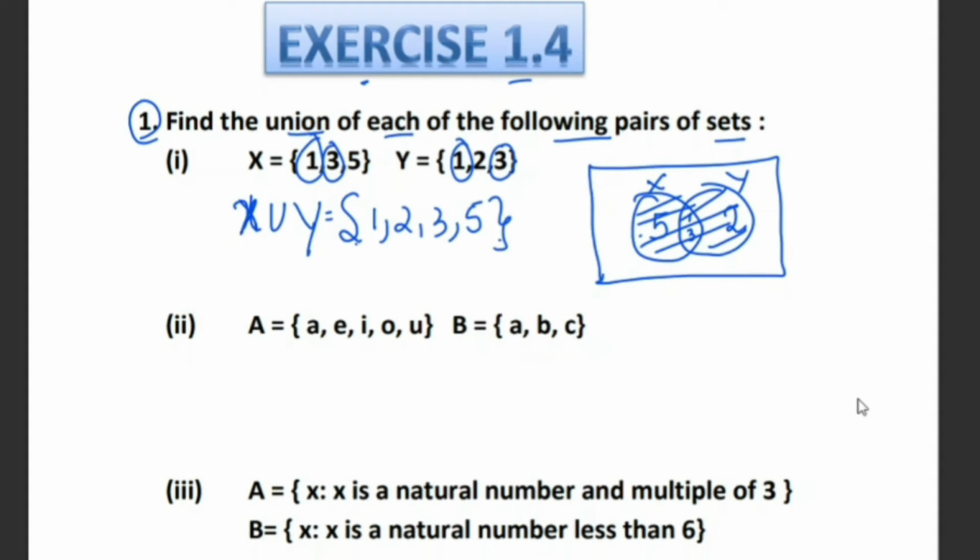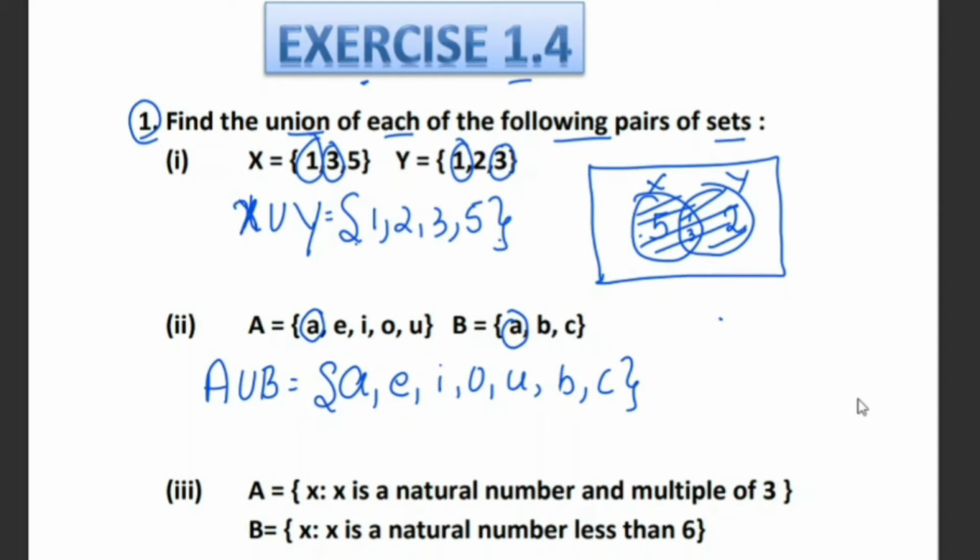Done. Then second one, here it is A union B. So A union B will be what is common? A and A. What else? B is not there. So A common, E, I, O, U, B, comma C. So Venn diagram, circle, circle. Then what is common here?